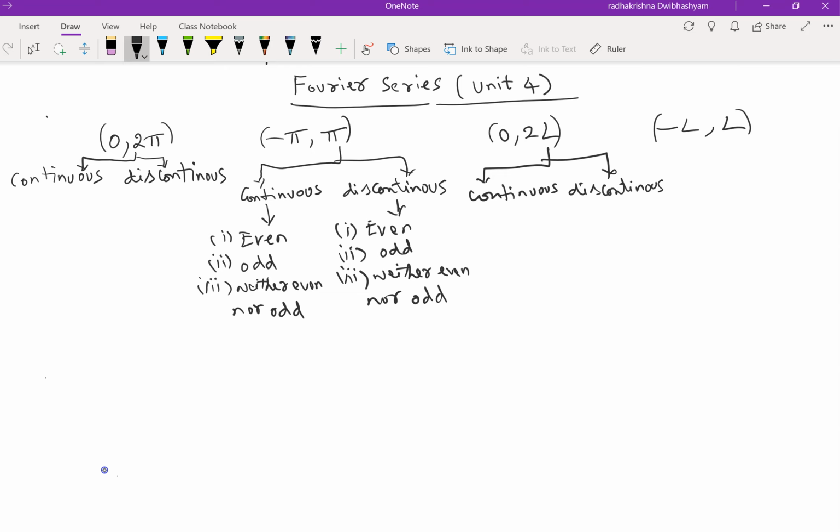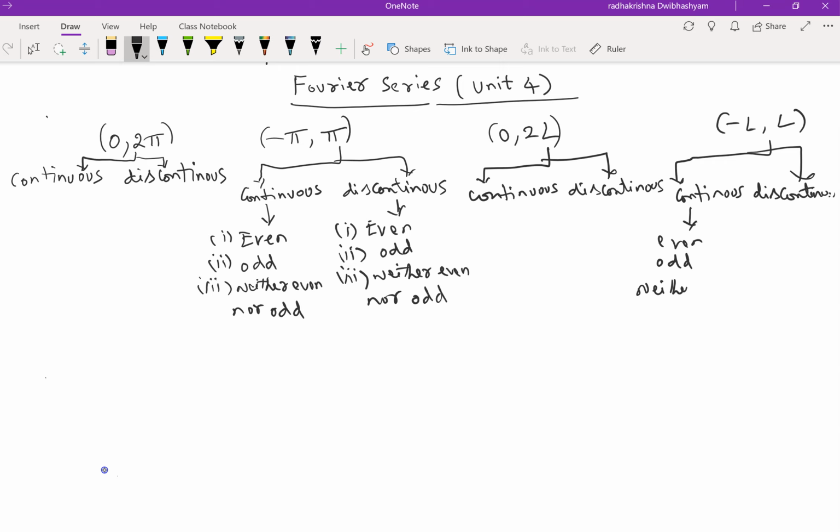Again in the same manner, just like in the interval minus pi to pi, here in the interval minus L to L, again you find continuous and discontinuous, and here even, odd and neither even nor odd, three types.